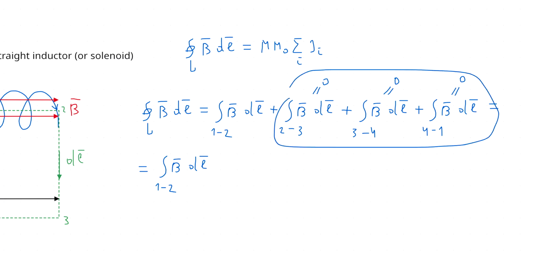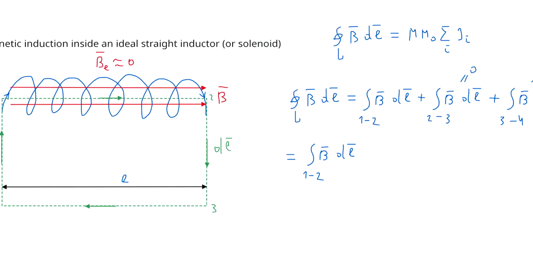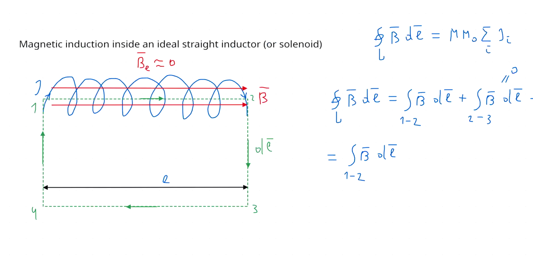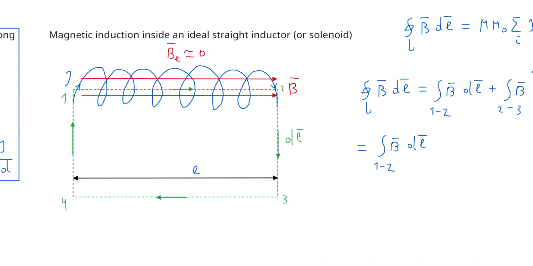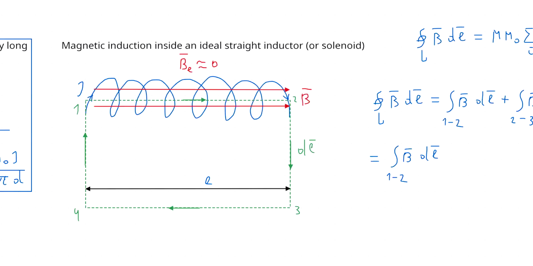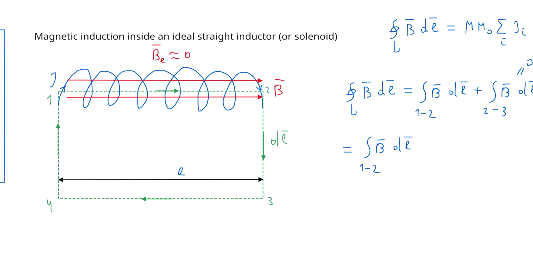And for this integral, for side 1 2, we can see that vector b has the same direction as vector dl.